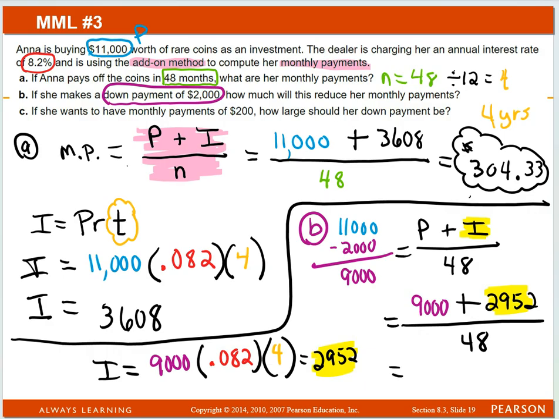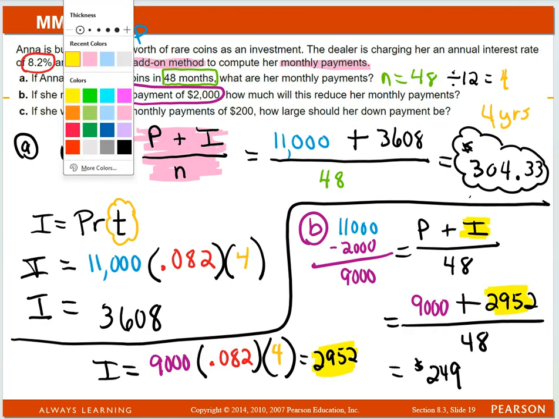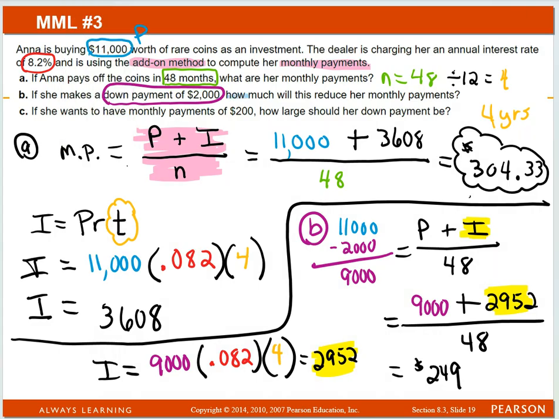So when you take the 9,000, add it to the 2,952, get that total, and then divide it by 48, you get $249. But that's not my final answer. Their question was, how much will this reduce her monthly payments?